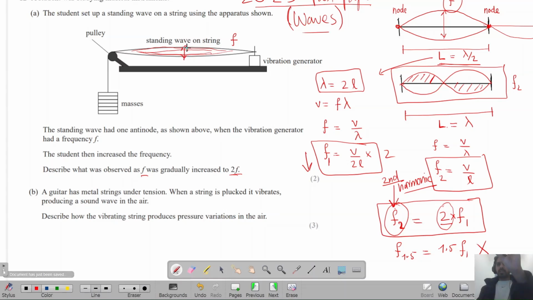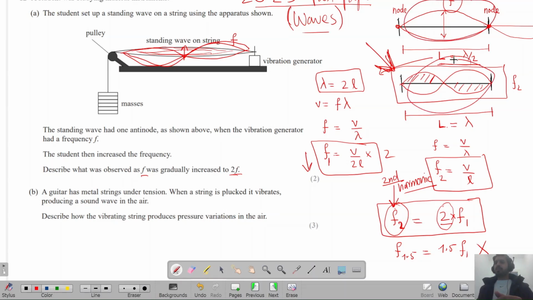The amplitude will keep getting smaller and smaller, and suddenly you will see this standing wave, something like this. So between this shape and this shape, there are no intermediate steps.